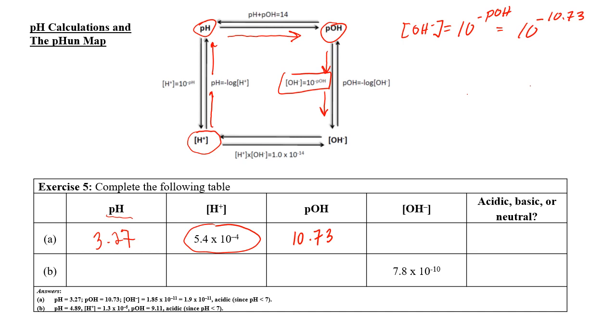We get 1.86 times 10 to the negative 11th.